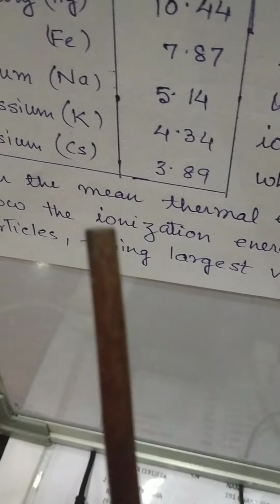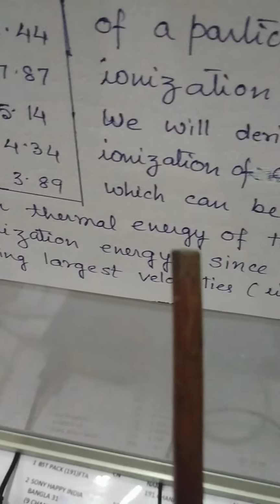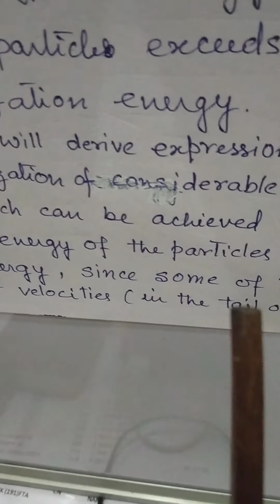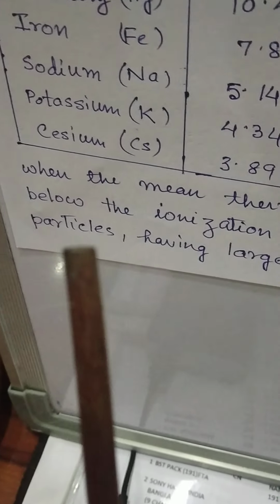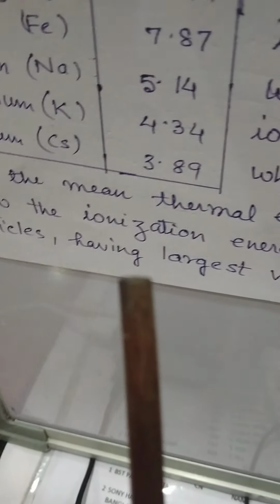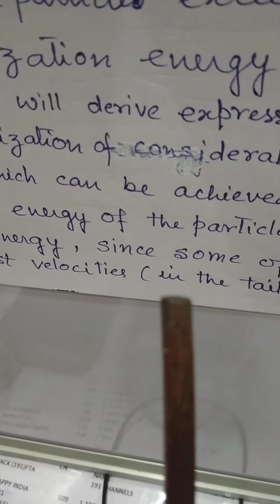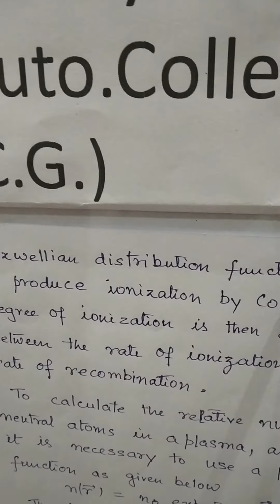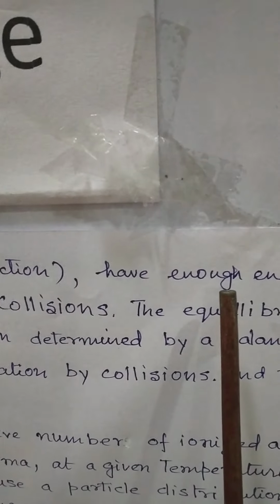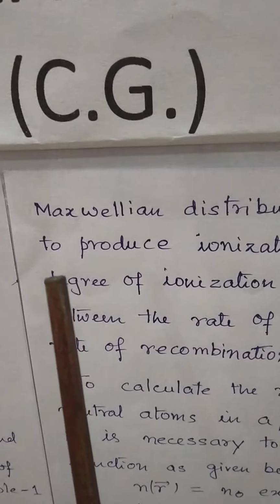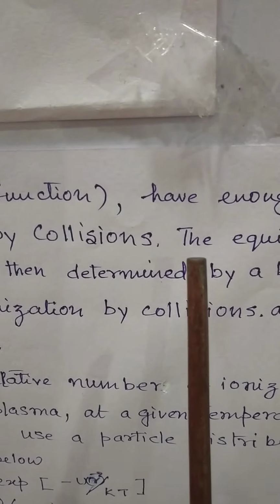Considerable ionization can be achieved even when the mean thermal energy of the particles is far below the ionization energy, since some of the particles having largest velocities in the tail of the Maxwellian distribution function have enough energy to produce ionization by collisions.